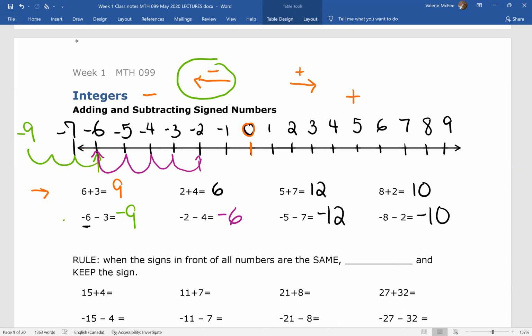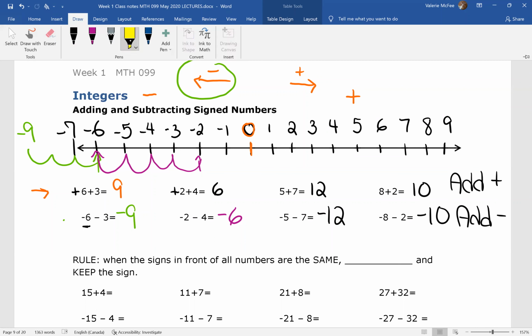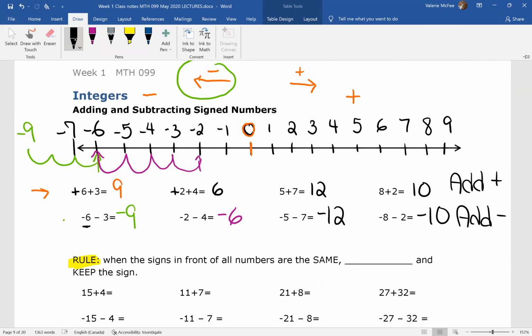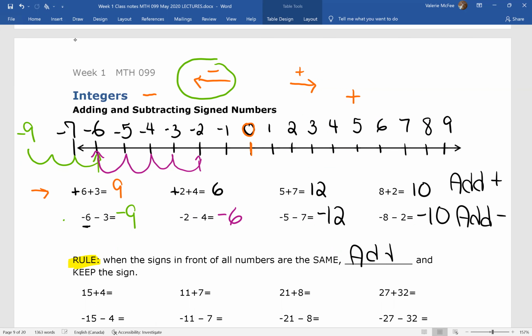When the numbers were both positive, we added, and our answer was positive. When the numbers were both negative, we added, and our answer was negative. So we have a rule here that we can use. When the signs in front of all of the numbers are the same, we're going to add and keep the sign.